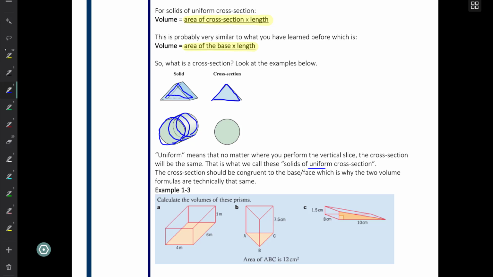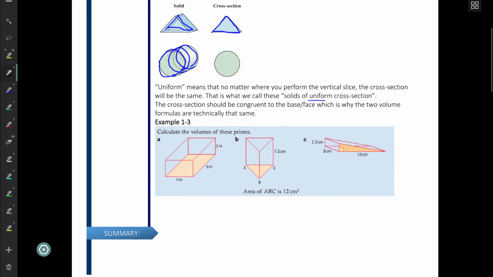So let's go ahead and go through a couple of examples here where we are going to calculate volumes of these different prisms. First one, we've got a nice rectangular box. Now, depending on the way you want to look at this, it doesn't really matter what you choose as your cross-section for a rectangular prism, but I'm going to choose this face as my cross-section, and that has a dimension set of 4 by 1.